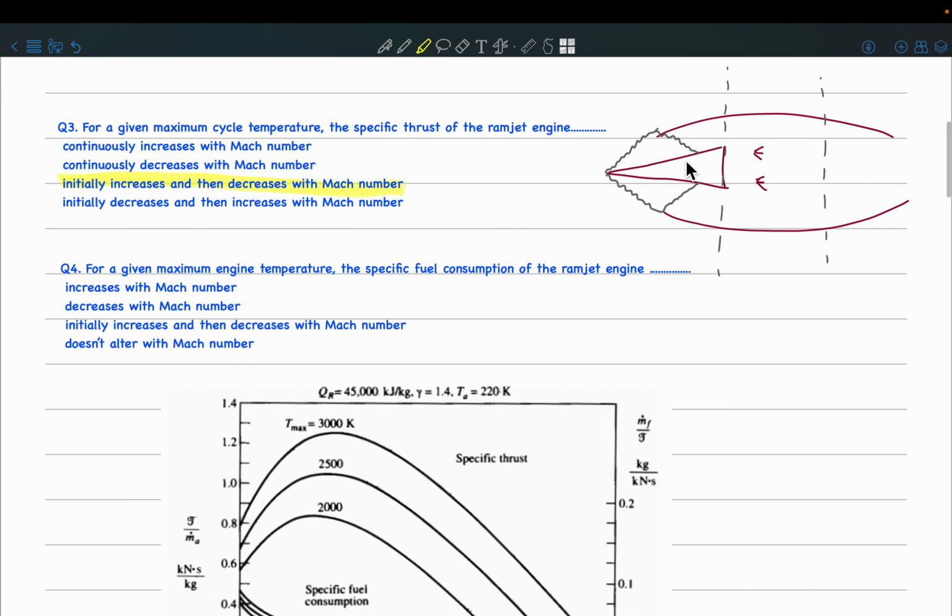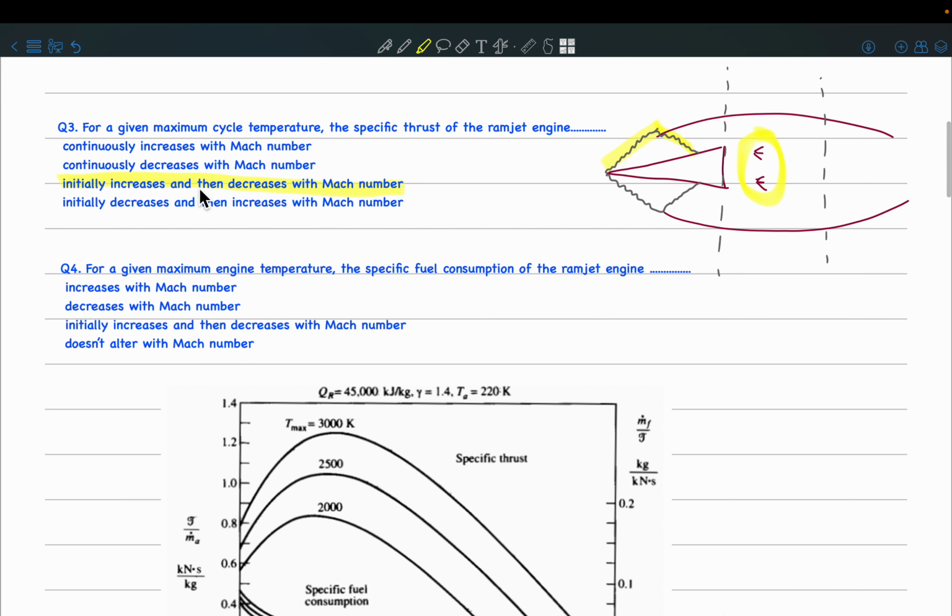Initially there will be some intake, okay, and you'll have this system of shocks sitting at the intake, which will convert the supersonic flow to subsonic flow. Then in the combustion chamber, combustion will happen at subsonic speeds, and then we have a nozzle.